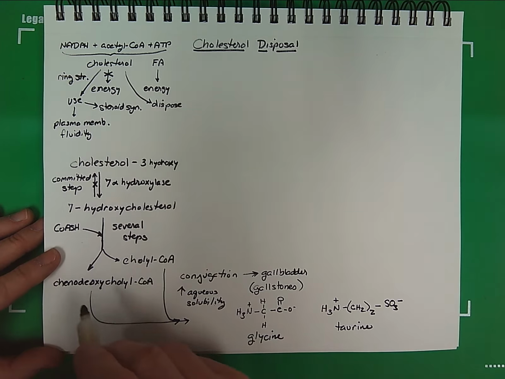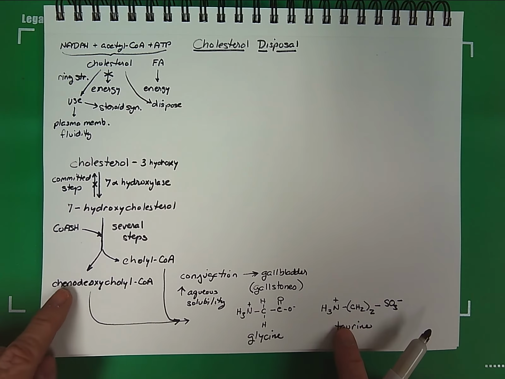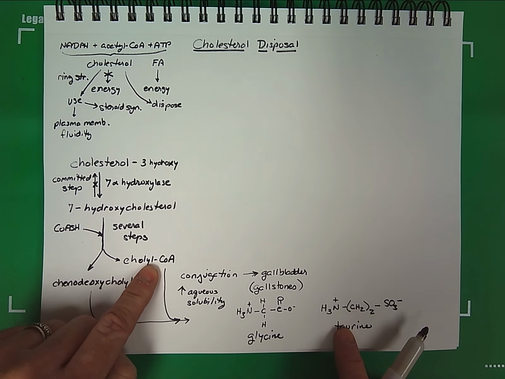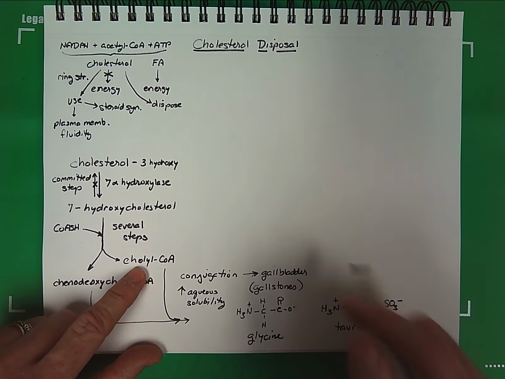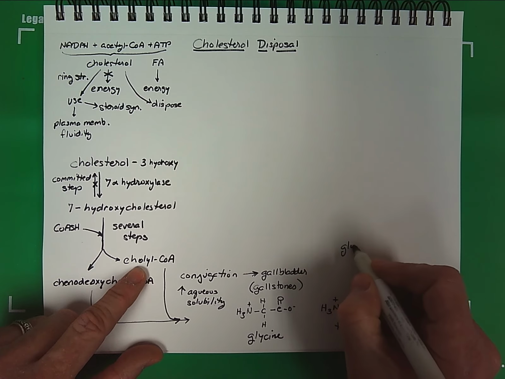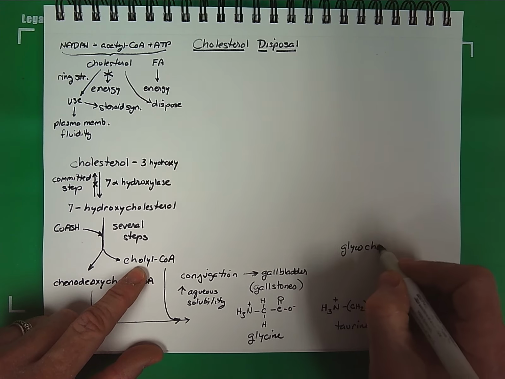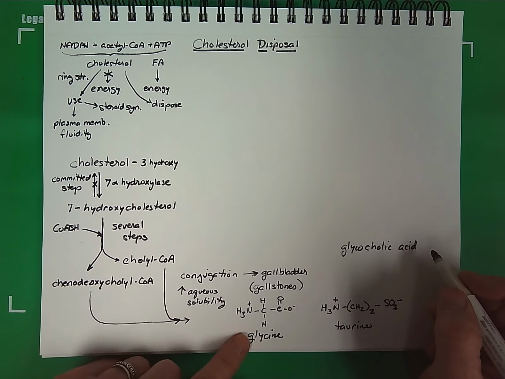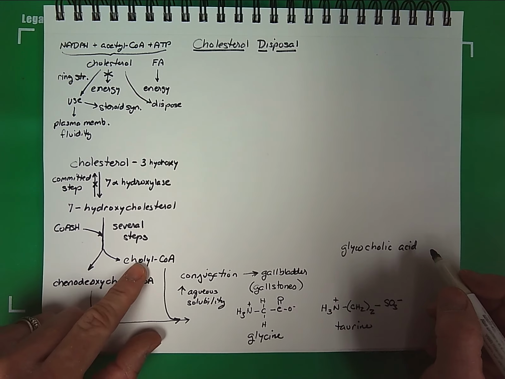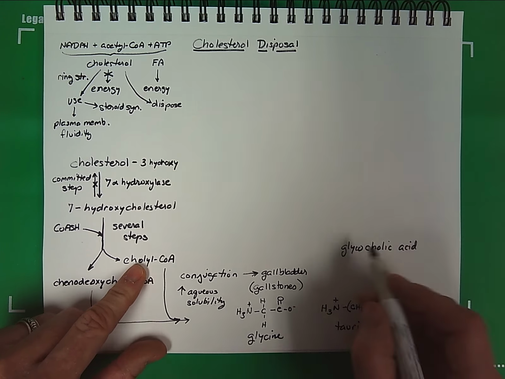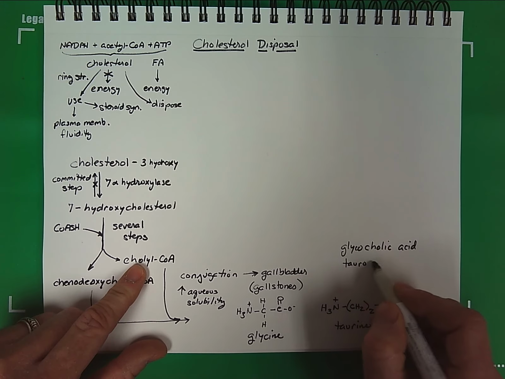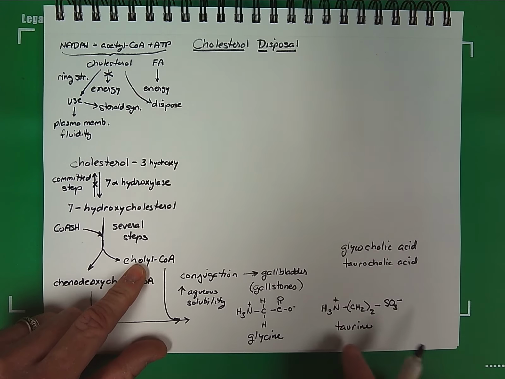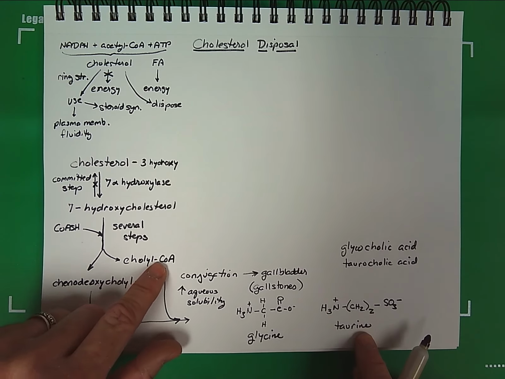So by conjugating these molecules to chenodeoxycholyl-CoA or to cholyl-CoA, we will be generating the respective molecules called glycocholic acid, if we attach glycine to, for example, cholyl-CoA, or taurocholic acid, if we add taurine to cholyl-CoA.